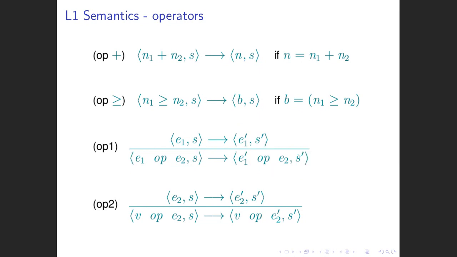Okay, so this is telling you if you've got a big expression added to another expression, for example, you are allowed to go off and evaluate just the left-hand side of that first. And that evaluation may have side effects, like we saw in that C++ example, right? That may change the value of a bunch of variables. So if you do that, you've got to update the state as if you were just evaluating E1 in the state.